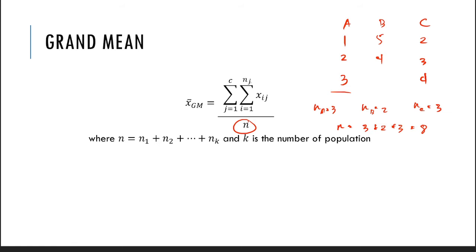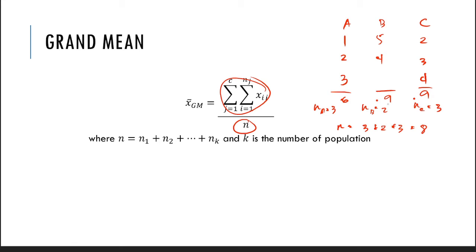So, how about nung summation dito sa taas? Ang kailangan lang natin dyan gawin is i-add lang natin lahat ng values na to. So, ang pinakamadali dyan gawin, compute mo muna yung total ng A. So, 1 plus 2 plus 3 is just 6. 5 plus 4 is just 9. 2 plus 3, that will be 5. Plus 4, that will be 9. So, all you need to do is to add all of this.